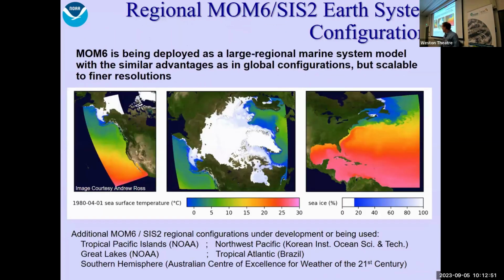And so the final set of applications that I'm going to talk about are the use of exactly the same modeling system, but now in regional configurations. Within the US, there's a major new effort to try to use these regional models to estimate what the effects of climate change will be on marine ecosystems.